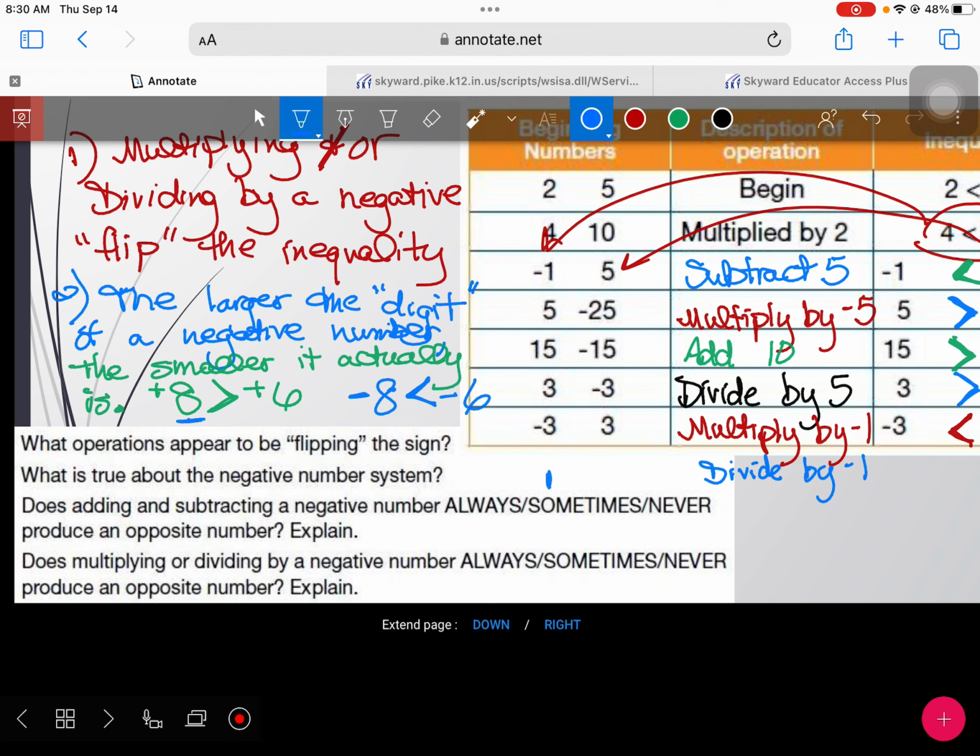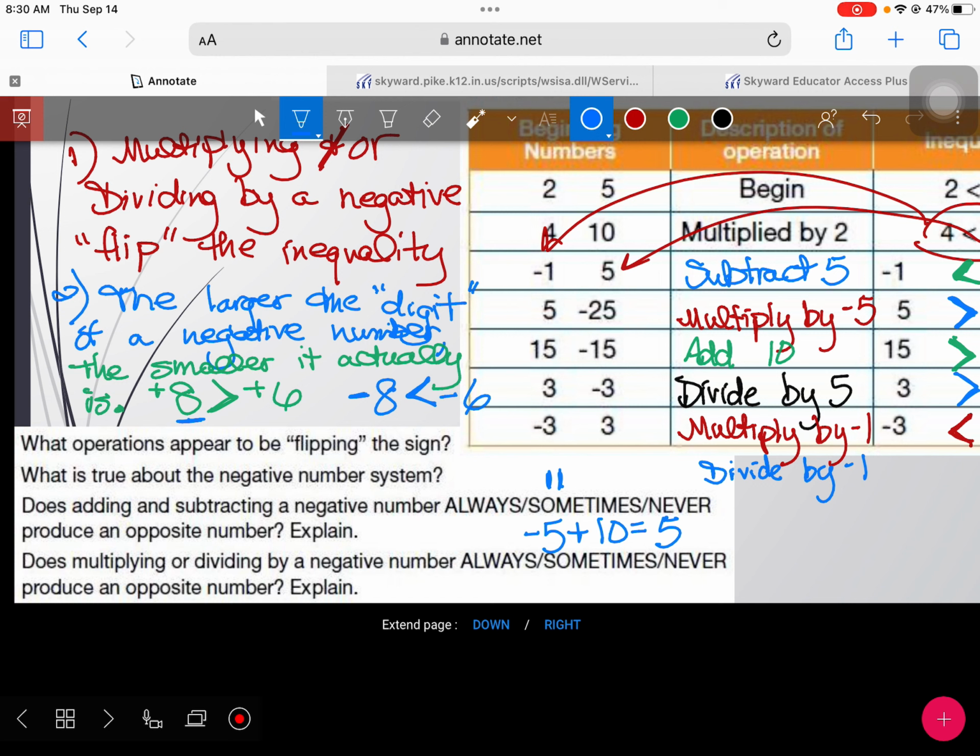Any other votes? Can you give me some examples? Negative 5 plus 10 is going to give you positive 5. So that's a definite. That could be an always, but it's at least sometimes, right?